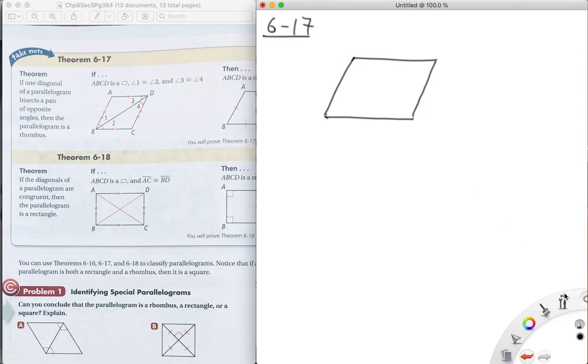Alright, so I know that it's a parallelogram. We have its diagonals, or a diagonal.